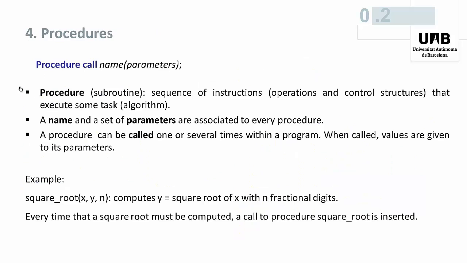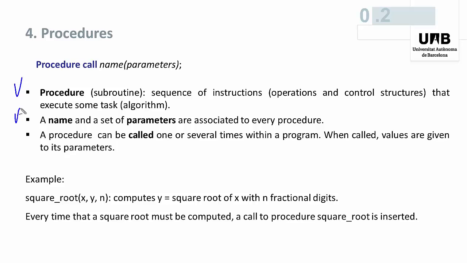A last type of programming language instruction that we will use in our course is the call to procedures. A procedure, also called a subroutine, is a piece of program, a sequence of instructions with operations and control structures that execute some algorithm.